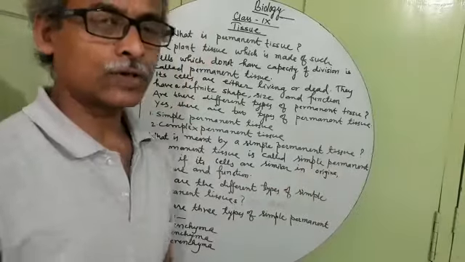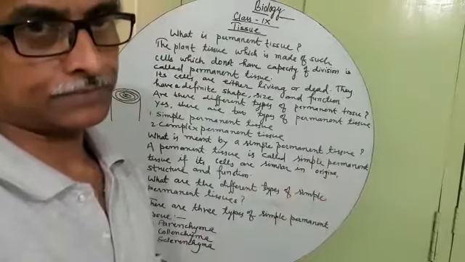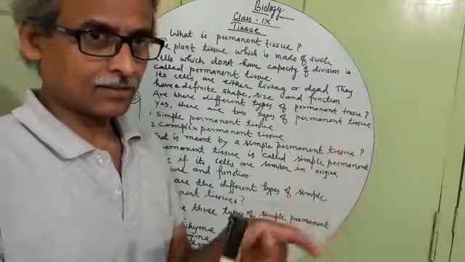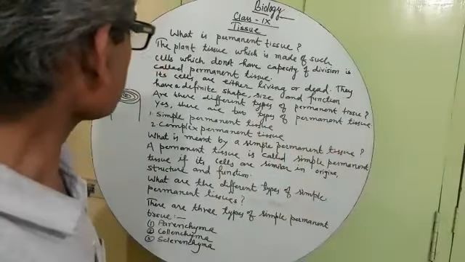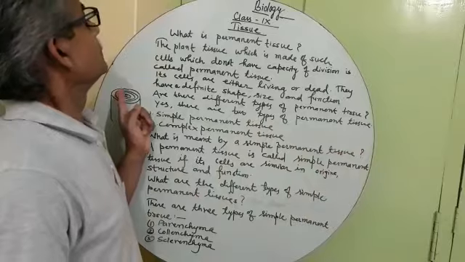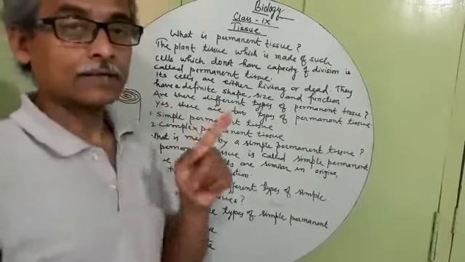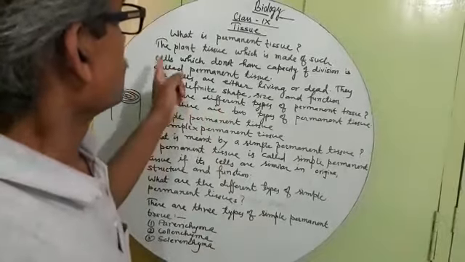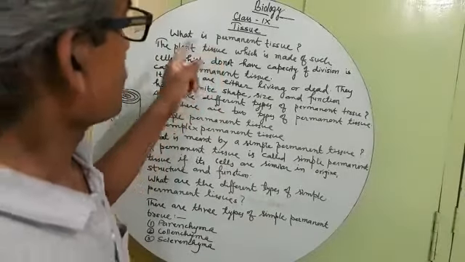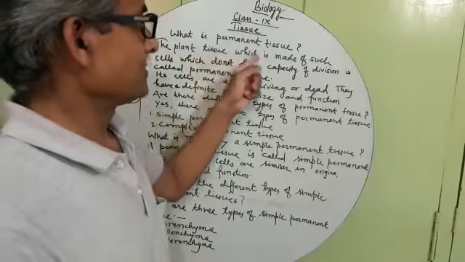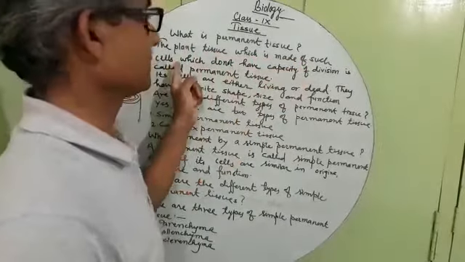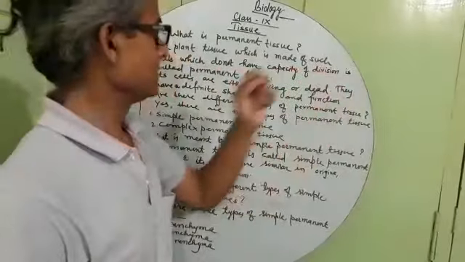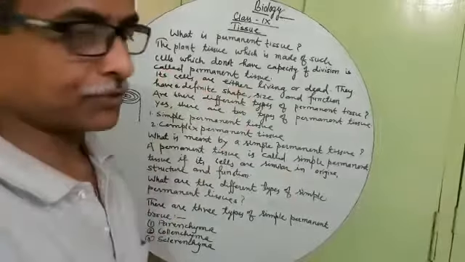So they do not take part in growth, whether in length or in breadth. So these are permanent tissue. So we can define the plant tissue, which is made of such cells which do not have capacity of division, is called permanent tissue.